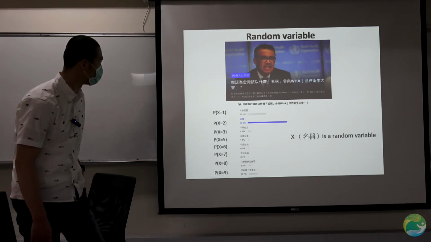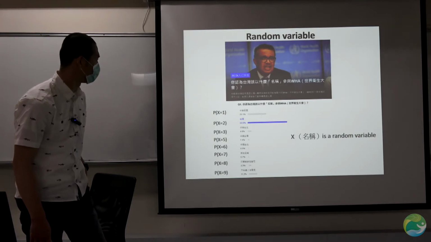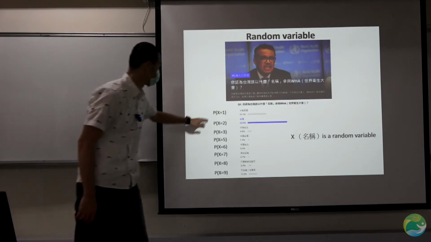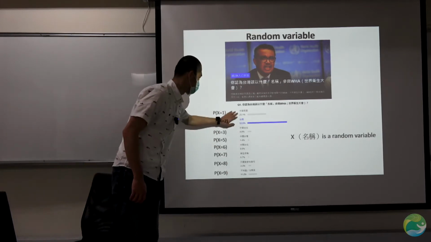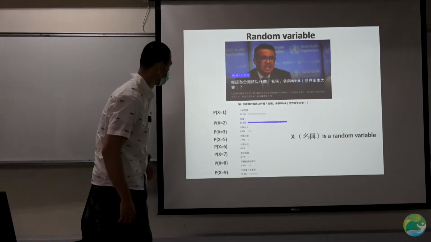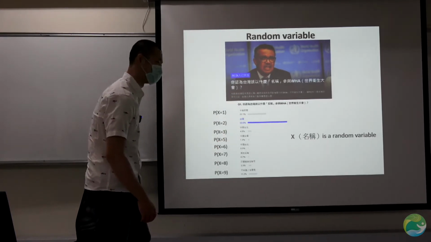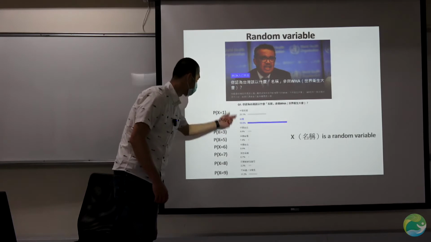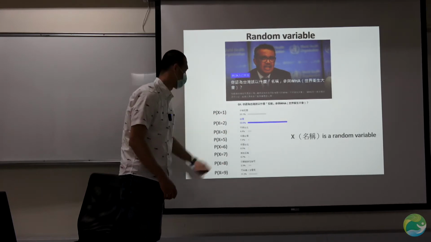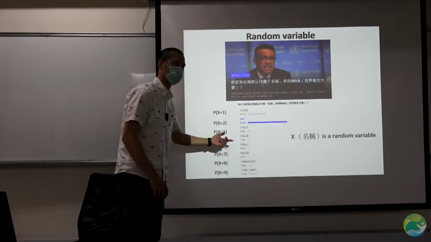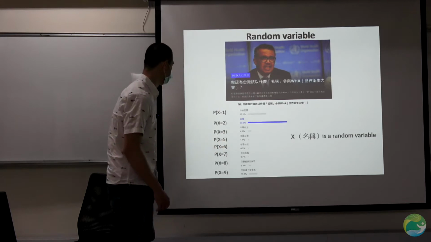For example, some people will answer 中华民国, and some people answer Taiwan. So all these names are random variables, because if you ask random people on the street to pick a name, they will give you different answers. Different people may give you a different one.